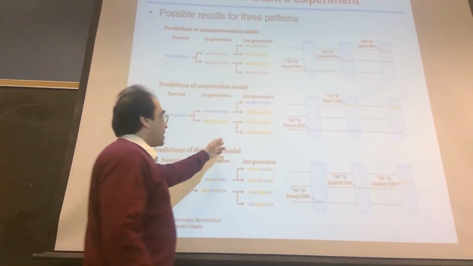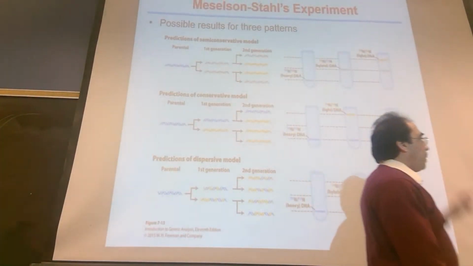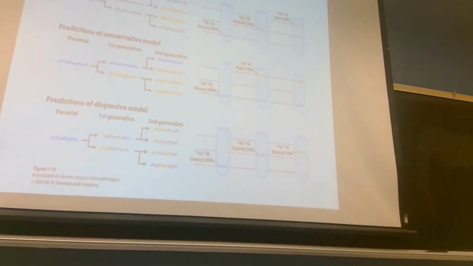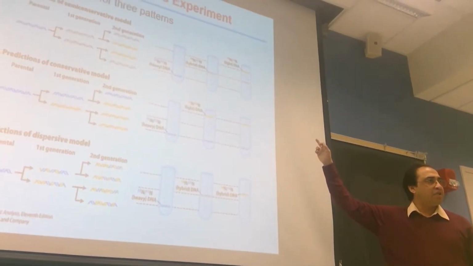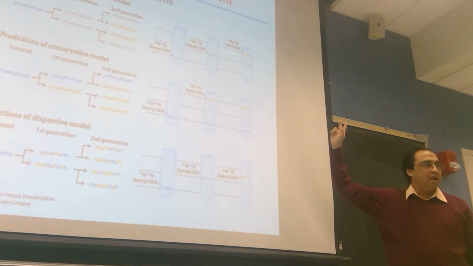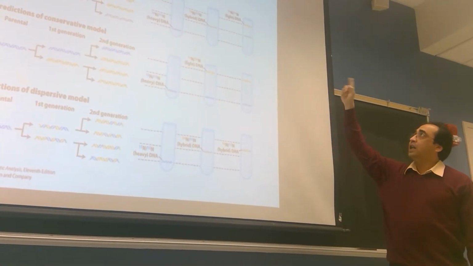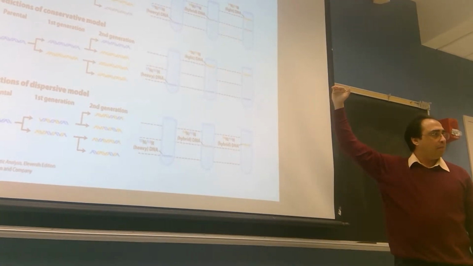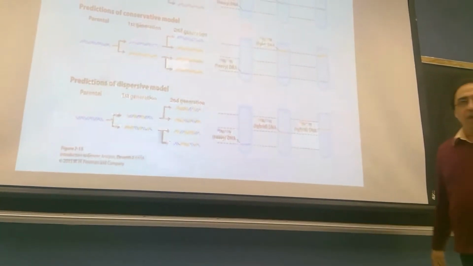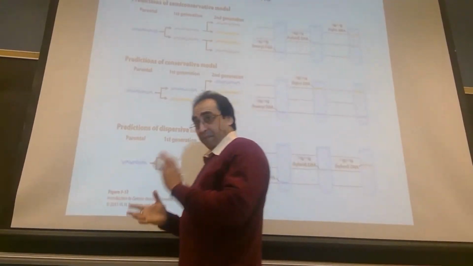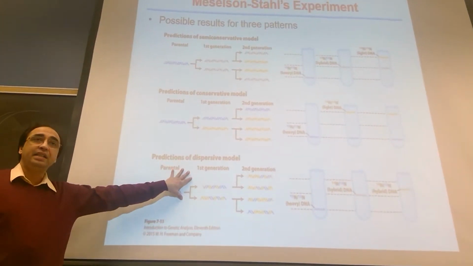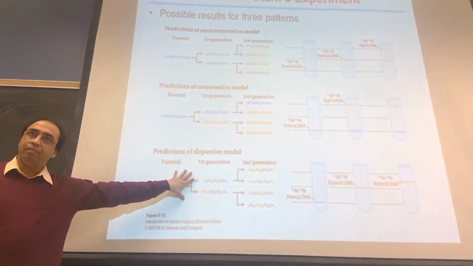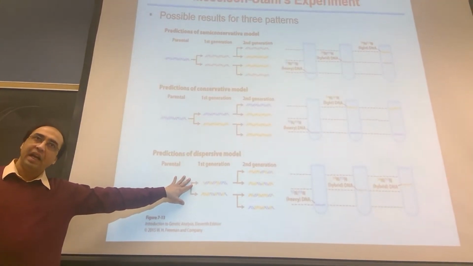In such a case, you will find the banding pattern like this. One is the 14N band and another is the mixture of these two bands. So you will find two bands, but one is on the top, another is in the middle. Actually, these are the concepts. This is not the actual result, because you will not find this kind of band anytime, because DNA replication is not in that manner.